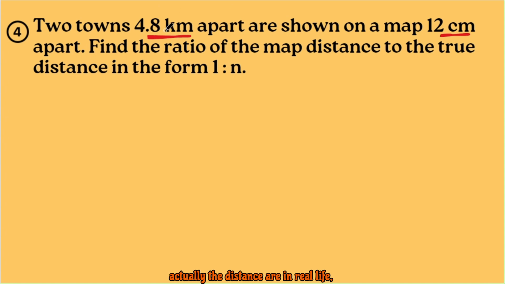So actually the distance in real life is 4.8 kilometers apart, but on map it's made into a smaller value which is 12 centimeters apart. So to show that value into a ratio, we need to either convert both of them into kilometers or both of them into centimeters. So if we were to convert 12 centimeters into kilometers, that would change the value into a decimal.